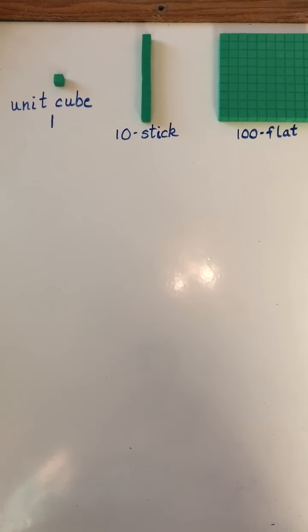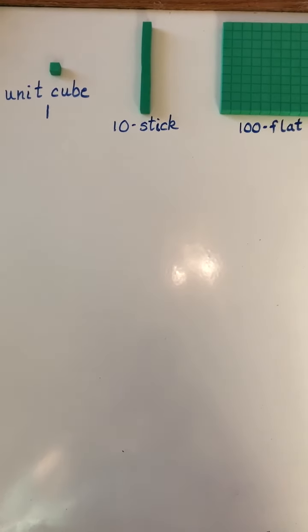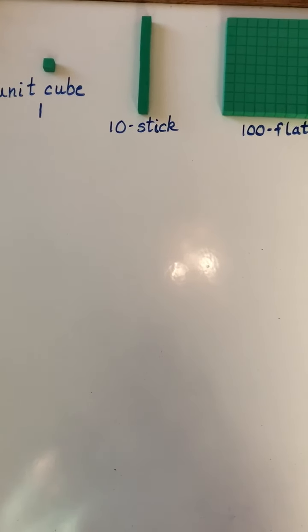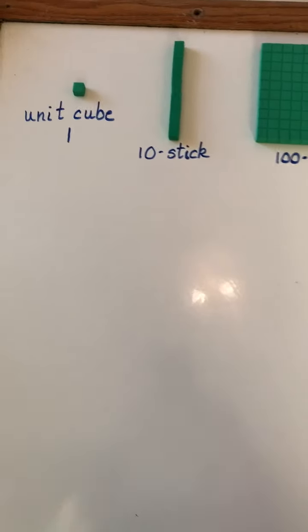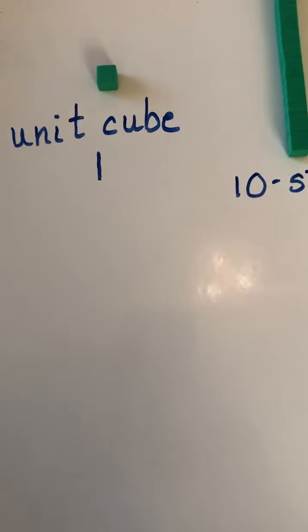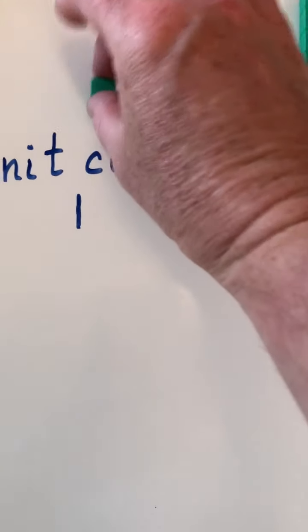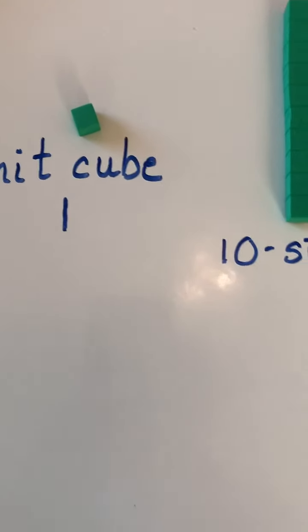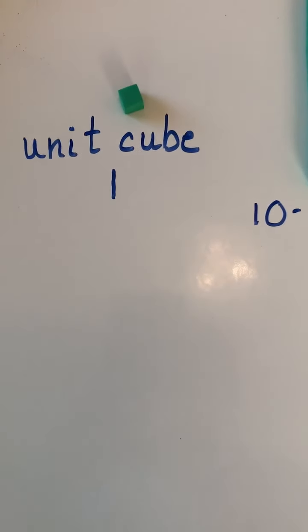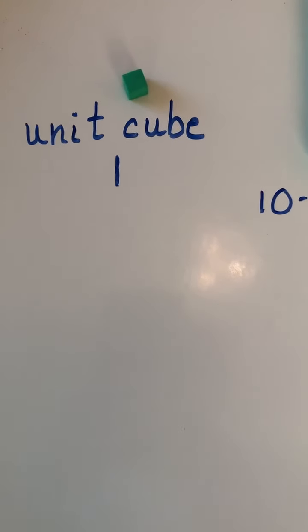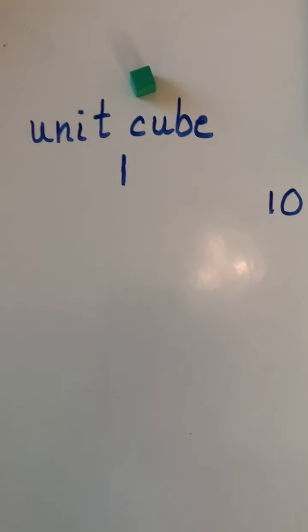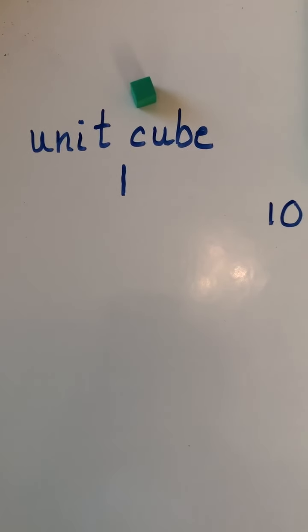So here you have some of the unit cubes in front of you. This one right here is just a single little cube, and we call it a unit cube because it is one unit. It's kind of like 1 penny. It just represents 1.